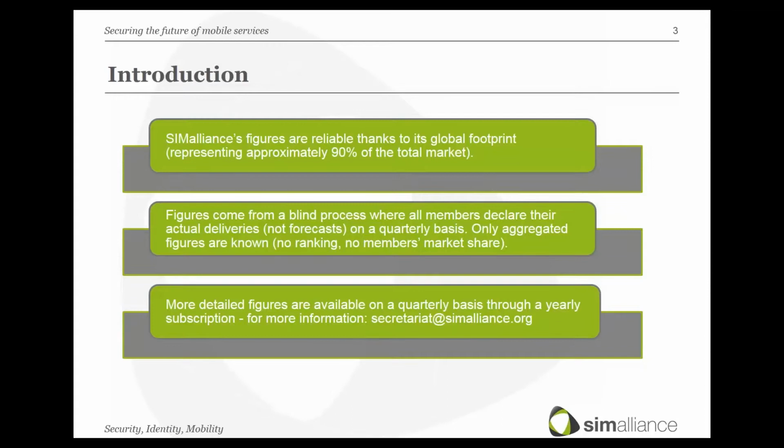You get on a quarterly basis a fairly dedicated insight into worldwide SIM shipment numbers that then also relate to the 90% of global market share. So that's just roughly the introduction to the data background that you need to know.